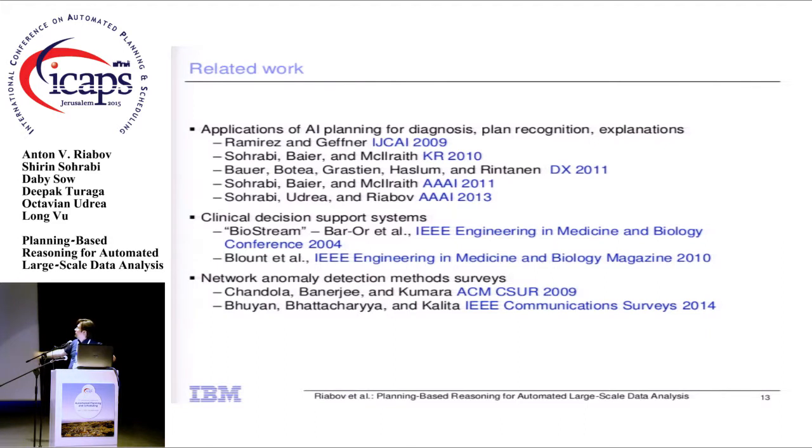The work by Sohrabi and others in KR provided the compilation of explanations into planning problems. The work by Bauer and others looked at diagnosis problems and compiled them into planning problems. And what we're using in this paper directly is the last paper on that list by Sohrabi, Udrea, and myself.